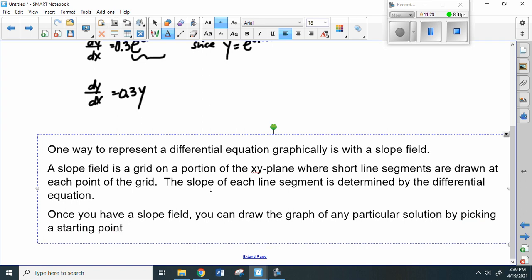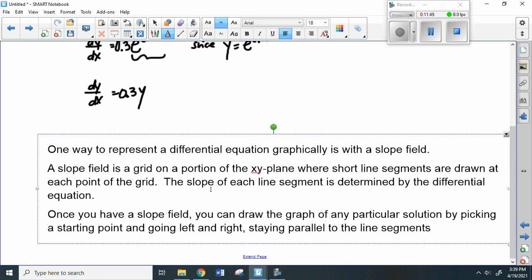Sometimes you are told where to start, and you would go in both directions, left and right, staying parallel to the line segments.